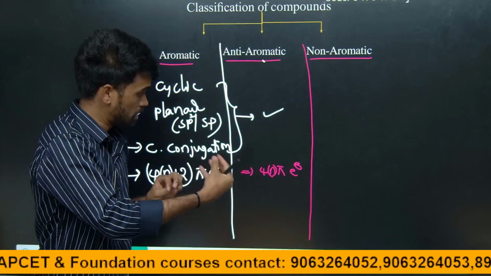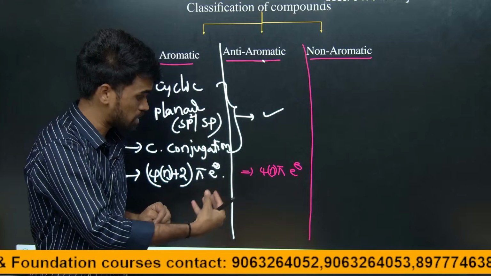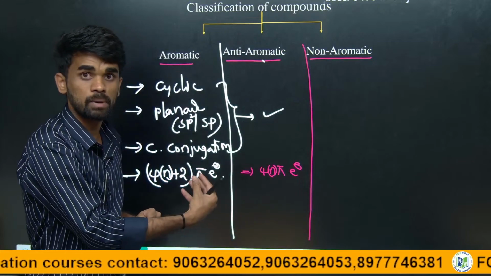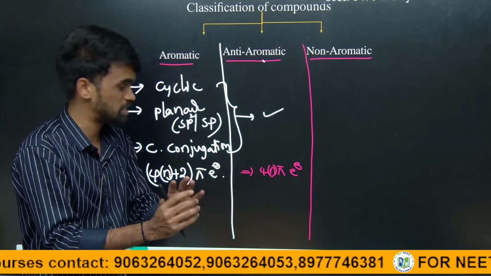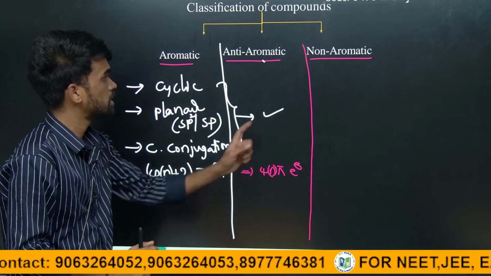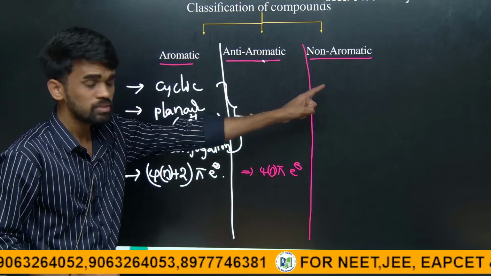It will be more clear when we solve some more questions and apply this to some compounds. Just hold on a few more minutes. Okay, then next, what about non-aromatic?